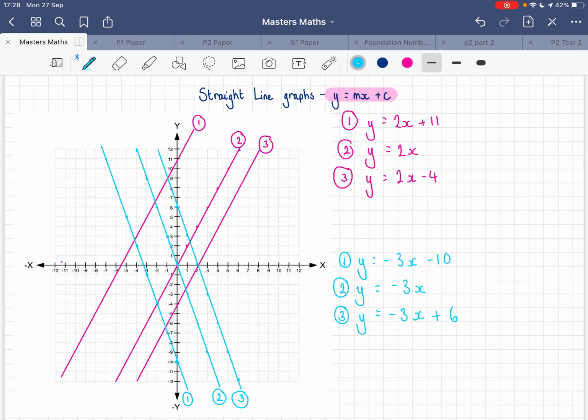Now, gradient is how steep the line is. So the bigger the gradient, the steeper the line. Okay, the gradient on these 3 pink lines is the same, which means that they become parallel. So same gradient is parallel.